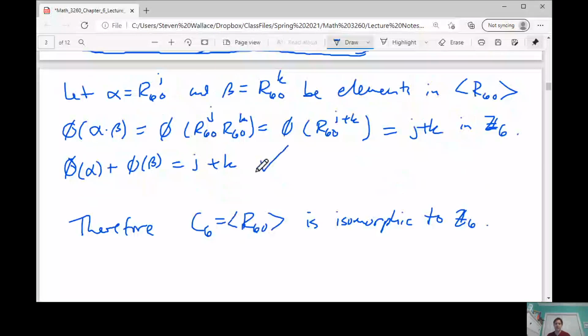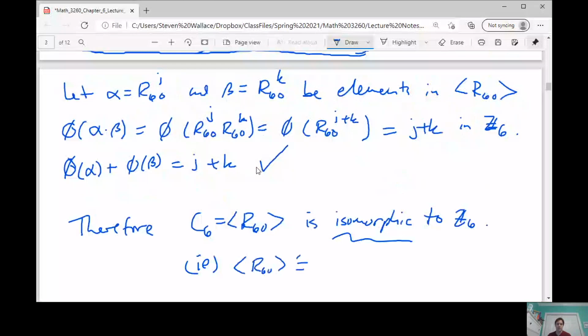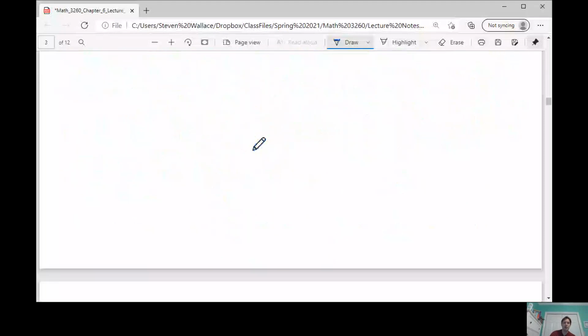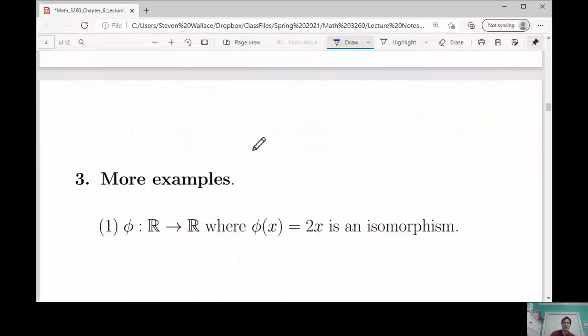So they are isomorphic groups. We may also write this symbol here to say they are isomorphic. Essentially, they're equal in all ways that are important with groups.